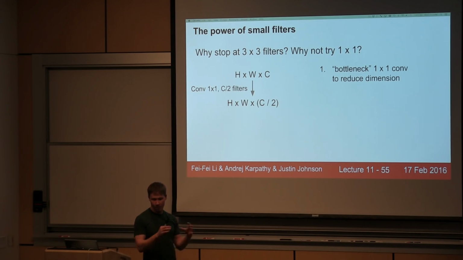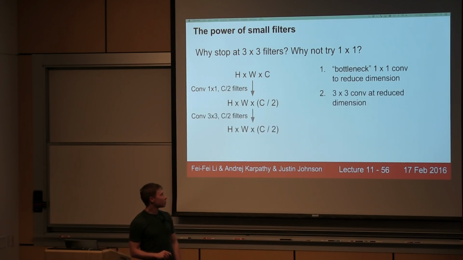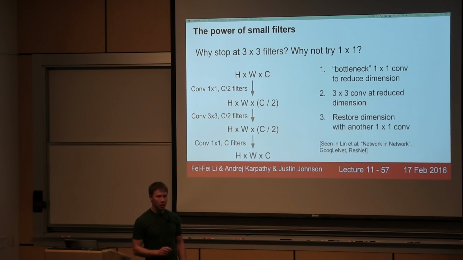Now this has the same spatial extent, but half the number of features in depth. After this bottleneck, we do a 3x3 convolution at this reduced dimensionality. This 3x3 convolution takes C/2 input features and produces C/2 output features. And now we restore the dimensionality with another 1x1 convolution to go from C/2 back to C.